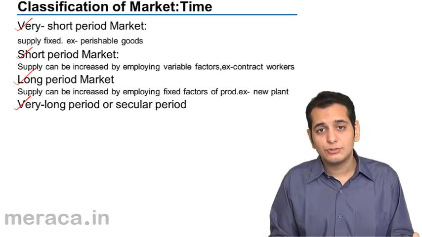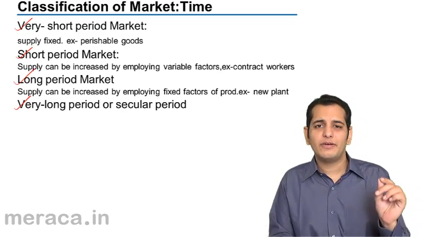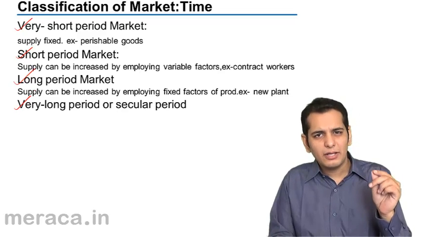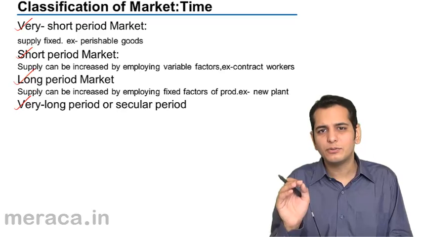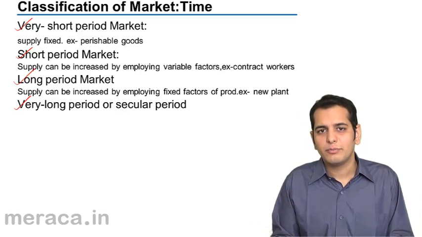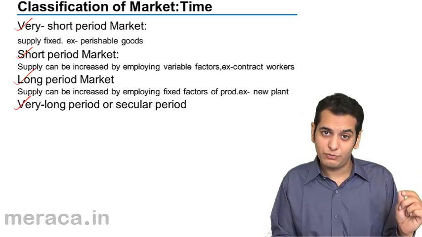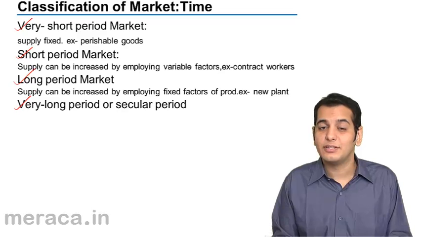Next, we have short period market. Now, short period market is a market wherein supply of the goods can be changed, but only to some extent. Now, why only to some extent? Because the answer for this, we've already done when we were studying the theory of production.